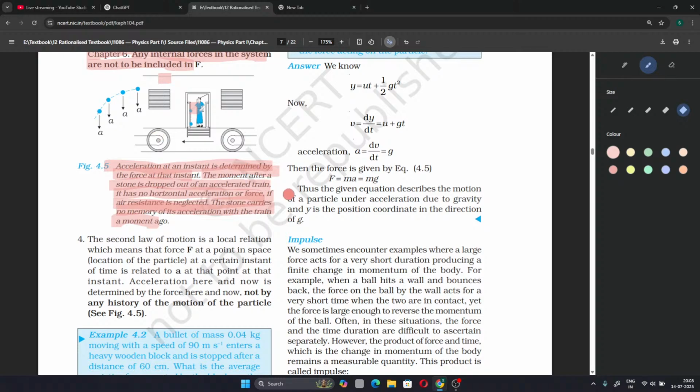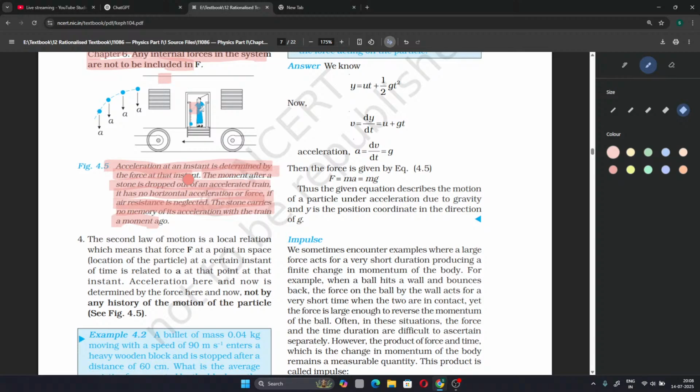At that time, when the train was accelerating, the stone was also accelerating. But let's assume that person threw the stone out. At the instant the stone leaves the hand of that person, where it is in the air, or let's assume in a vacuum because we neglect air resistance, it is not experiencing any kind of force.